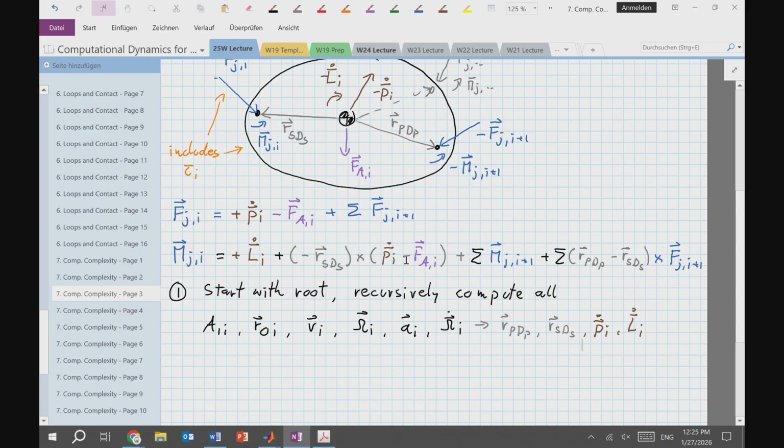So I have to first do kinematics. What's the computational complexity of doing kinematics with our outward pass? To answer that question, it's best to remember how we played that algorithm in class. The outward pass algorithm was update everything, and I started with root, and root turned around and told its child joints, hey, update, hey, update.